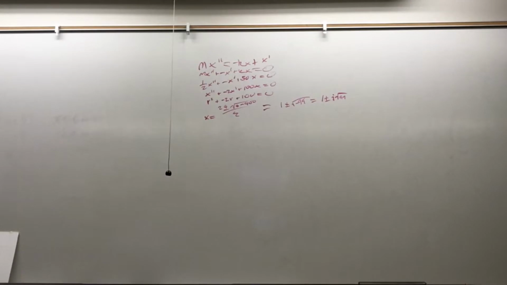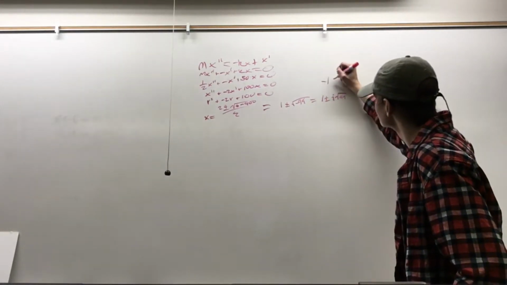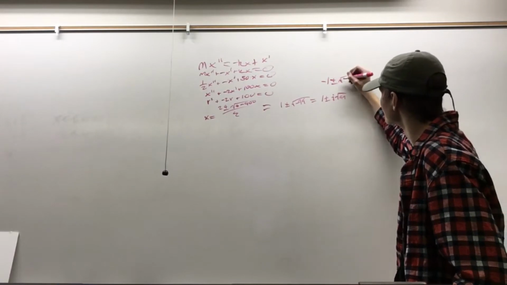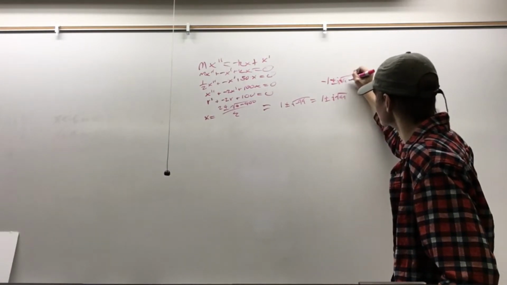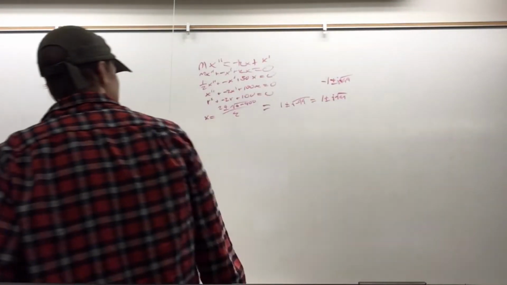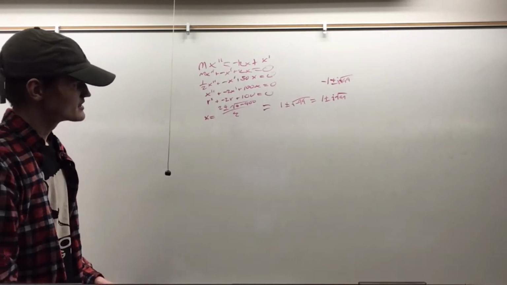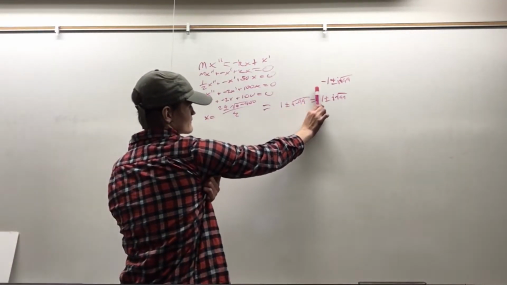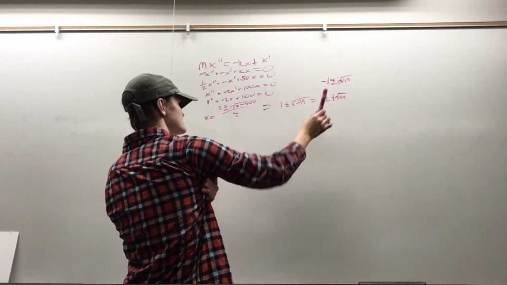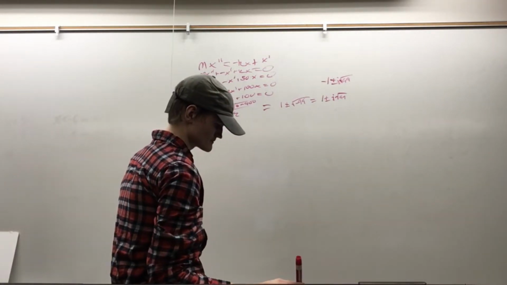That's not the root, that is 0. So the root is just negative of the 0 times minus 1. So our root is negative 1 plus or minus i times the square root of 99. And when you have a pair of complex roots, it's e to the real part times t, times, well, you'll see.